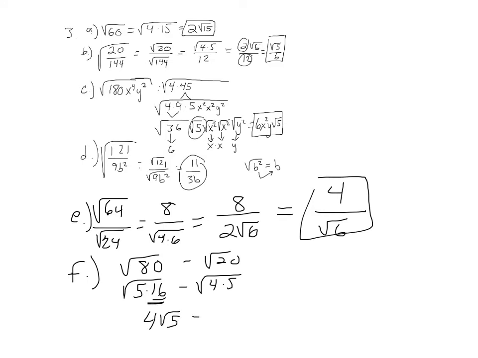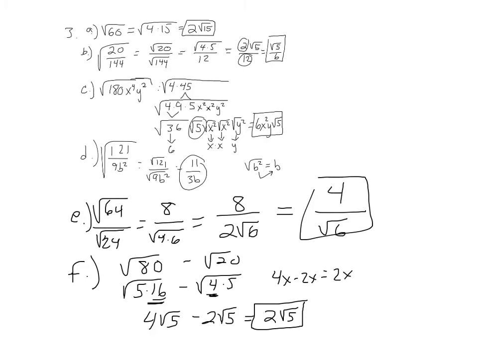Minus the square root of 4 is 2, and you're left with the root of 5. Well, if you have 4 of something and you minus 2 of something, you have 2 of the something, just like saying 4x minus 2x is 2x. In the same way, this answer would be 2 times the square root of 5.